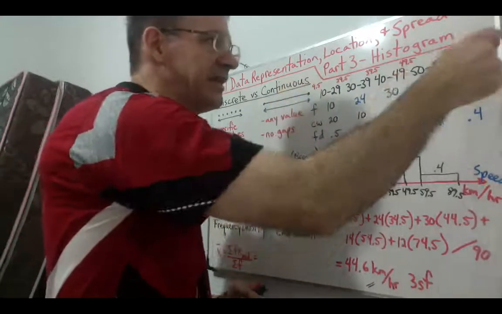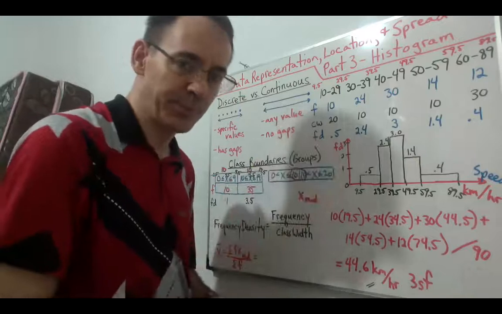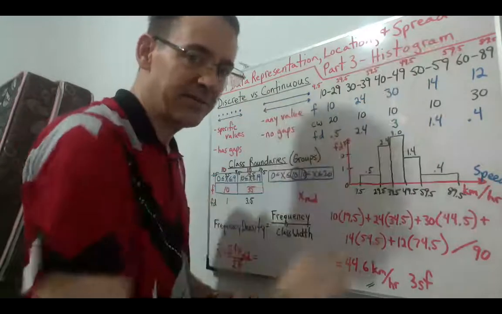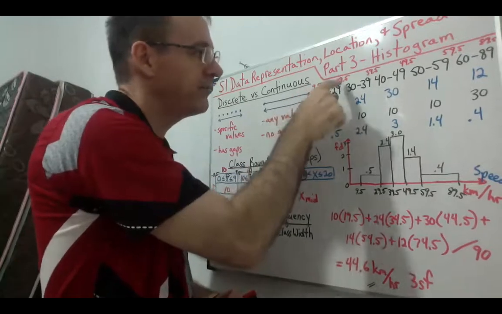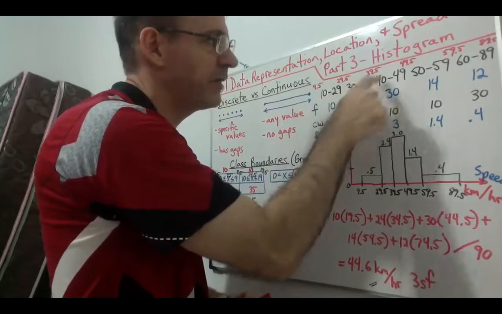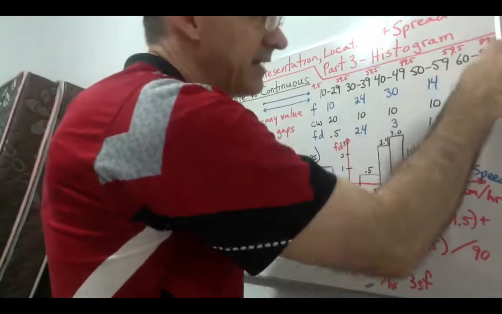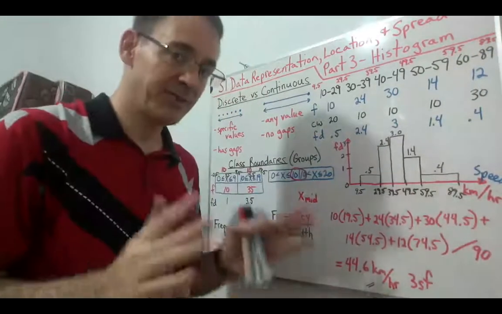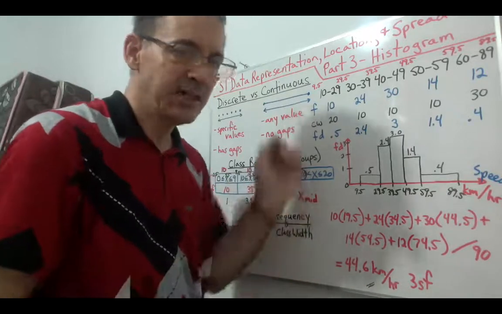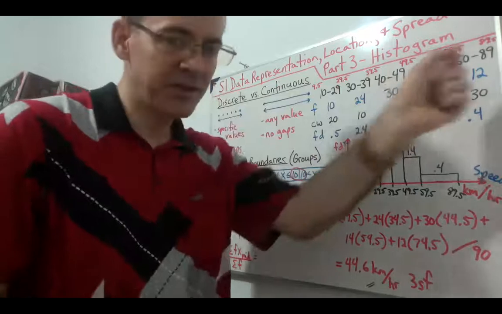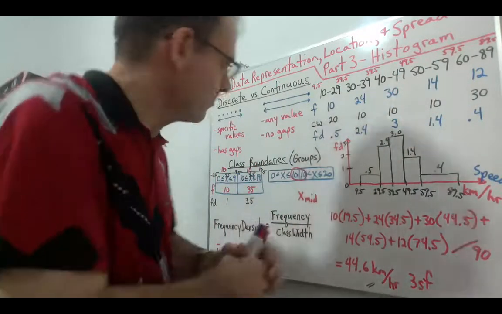That means we need to do a 0.5 on each side of each grouping at the beginning and at the end as well. So 10 becomes 9.5. We have 29.5, 39.5, 49.5, 59.5, and then at the end, 89.5. So that's important to do, to first of all establish the continuous nature of our data set.